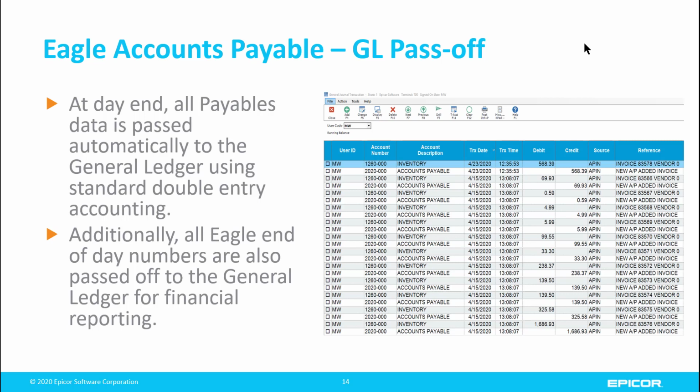These are invoices that I selected to pay. And then you'll notice that there's a corresponding credit to accounts payable, which then, of course, we debit the money out of. That's where we cut our checks from. So it's all standard double entry accounting for your financial statements. And as I mentioned, your end of day numbers also end up here as well.